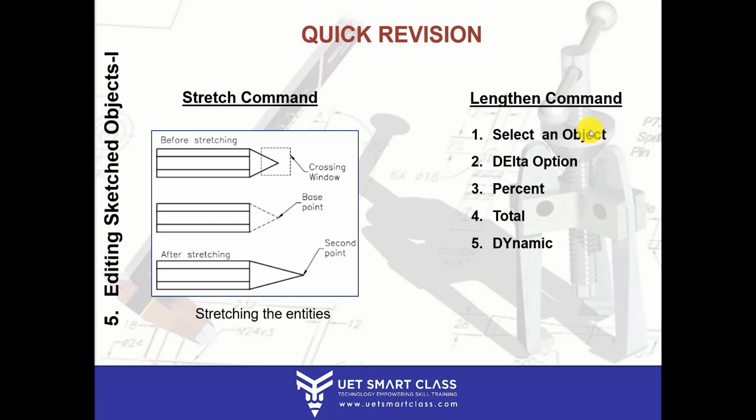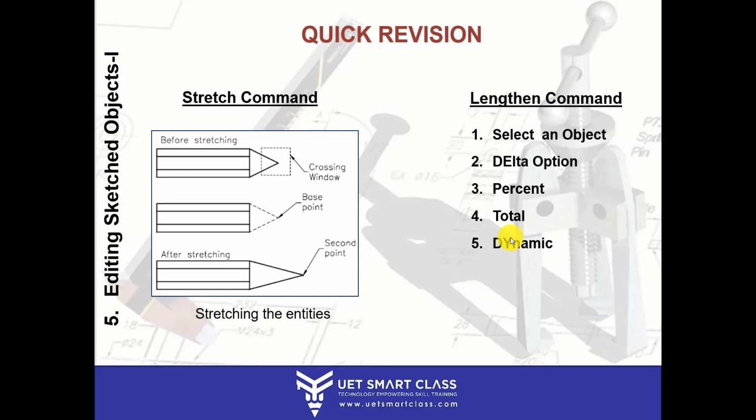Alright, select an object. Now, the fourth one is total. Herein you can just specify the total length you want for that particular object. So accordingly it will change the current length and give you the total length specified by you. Total length and total angle. Okay. And the fifth option was dynamic.